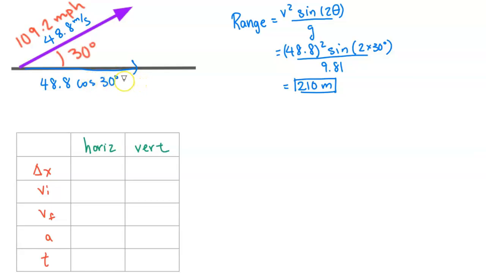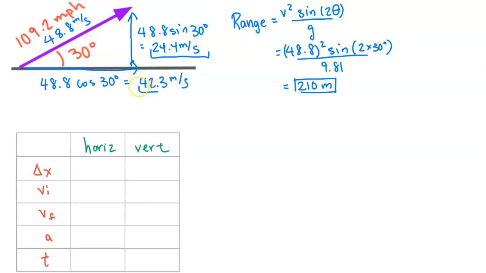And what this does is it gives me the horizontal component of the velocity, which is going to be 42.3 meters per second. There's also a vertical component up here as well, and that's going to be 48.8 sine 30 degrees. And that's going to be equal to 24.4 meters per second.